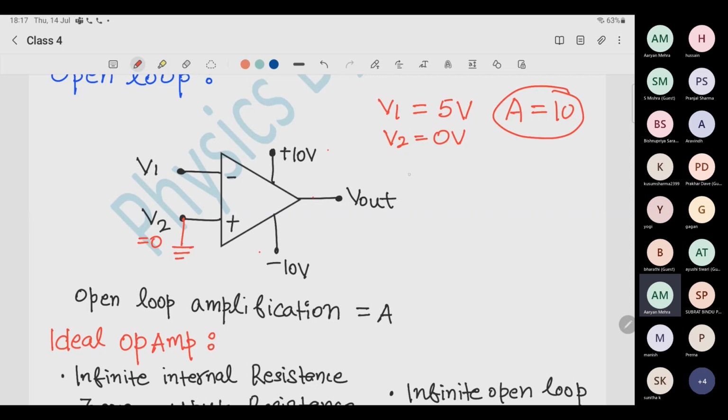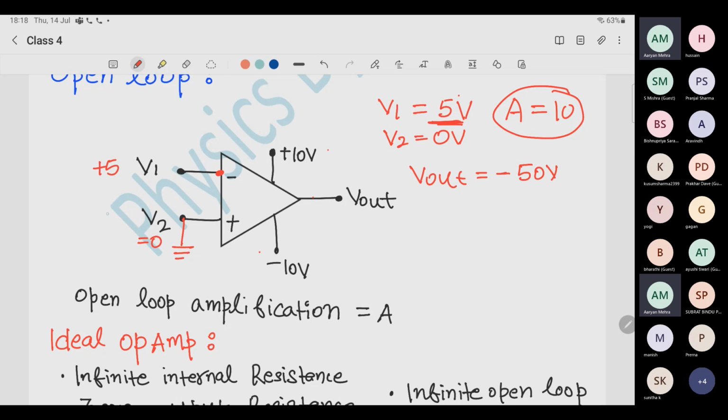So your output voltage will be 5 multiplied by 10, 50 volt, but minus. Why? Because the input was attached to the inverting terminal. If the input is attached to the inverting terminal, then your output voltage is negative even when your input voltages are positive. Both of these were positive.